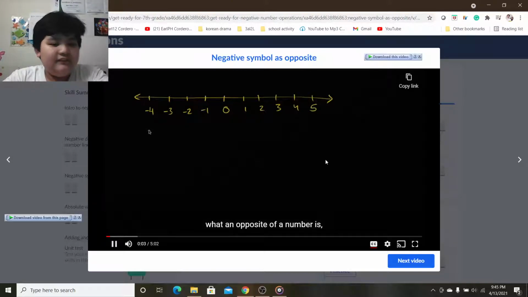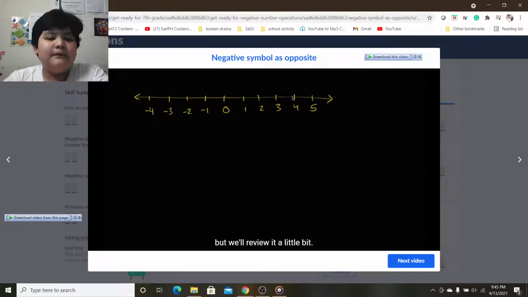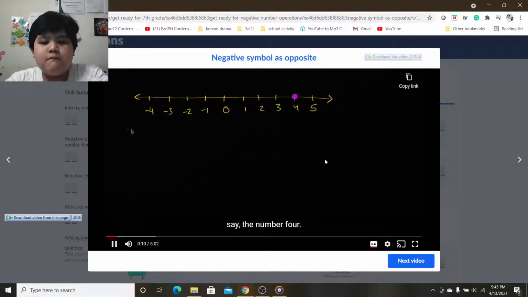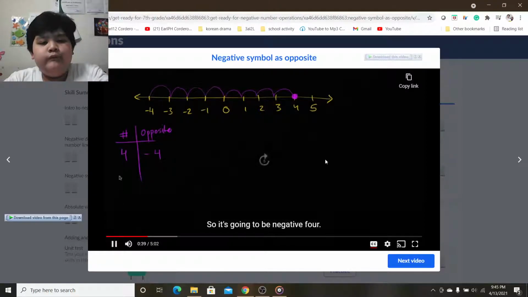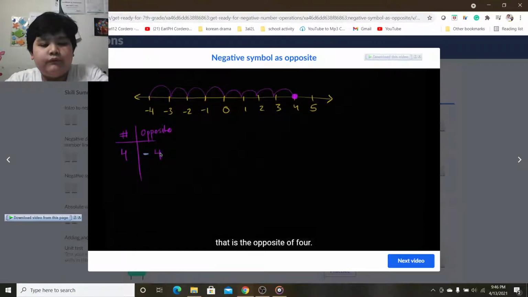What an opposite of a number is, but we'll review it a little bit. If we start with a positive number, say the number 4, its opposite is going to be 1, 2, 3, 4 to the left of 0. Or another way to think about it, this is the number that is the opposite of 4.